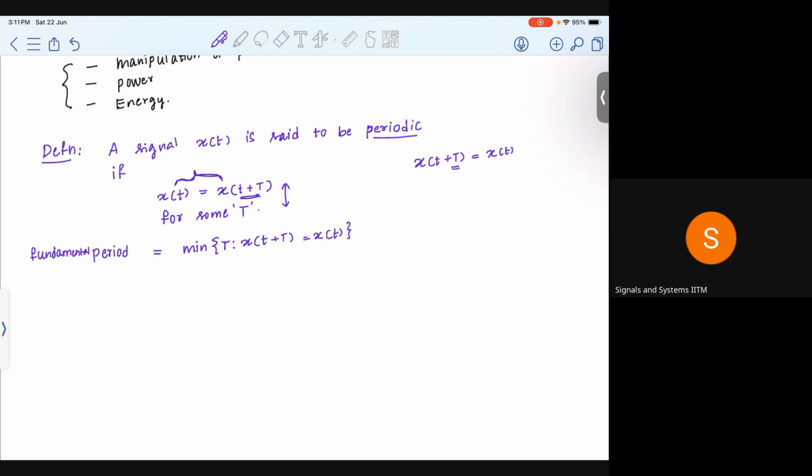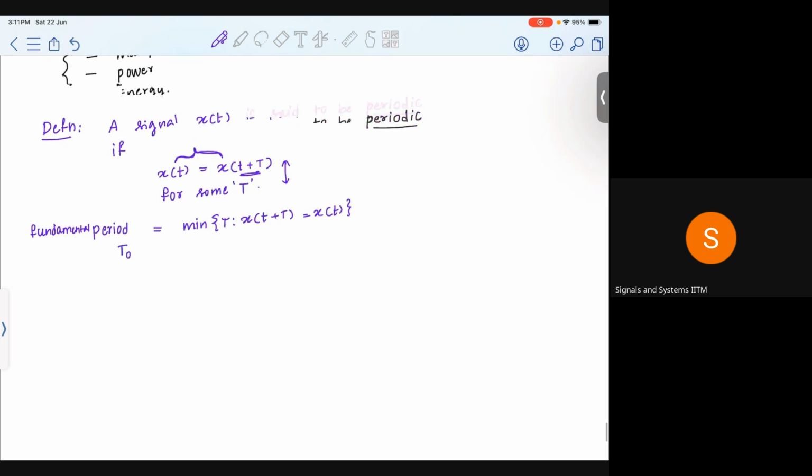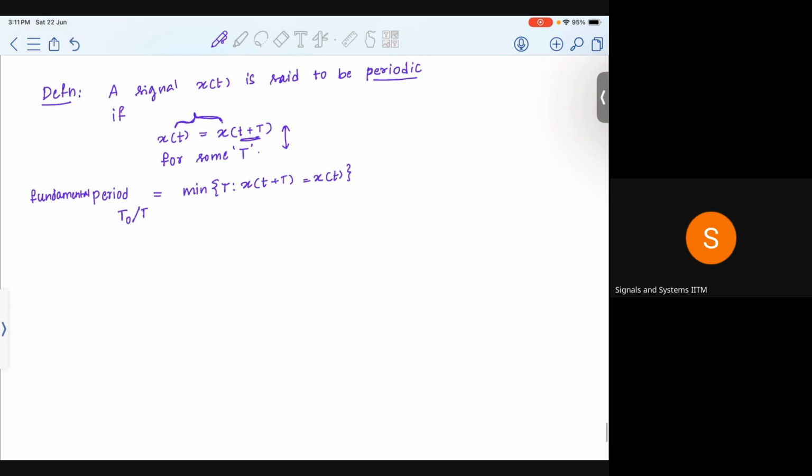And the period of such a signal is the minimum T such that this happens. That is known as the fundamental period. This is also denoted by T naught or T. If we are denoting this by T, then maybe we can denote it by T prime.